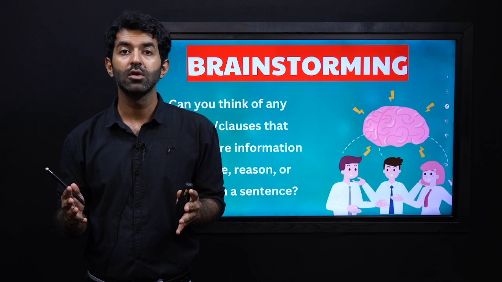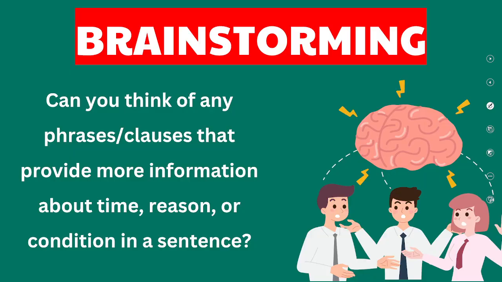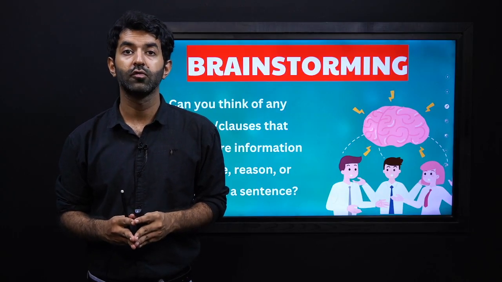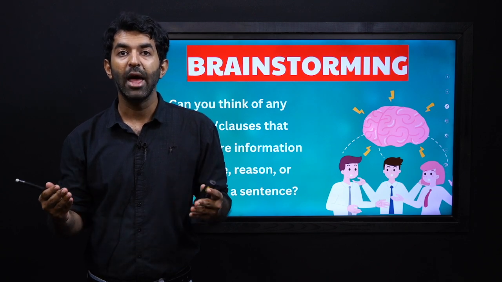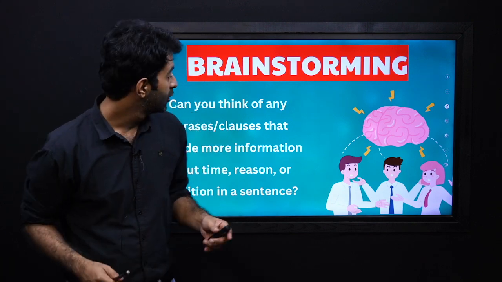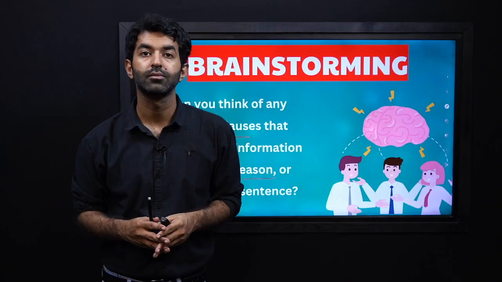Now, students, what do you know about adverbs? You know that they are parts of speech and they are used for showing the manner of something and also other variations as well. So, can you think of any phrases or clauses that provide more information about time, about reason, or condition in a sentence?